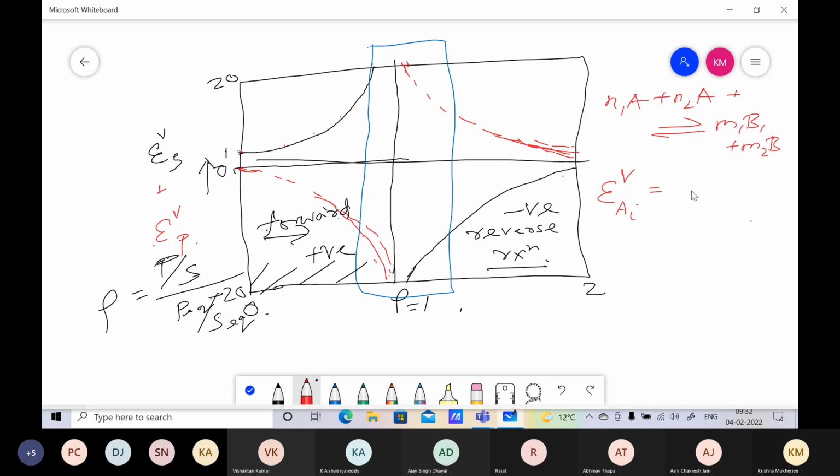It will be ni. So the elasticity for Ai forward will be ni upon 1 minus rho. And similarly, EV by Bi will be minus rho mi upon 1 minus rho. Did I jump too much, or does it make sense?